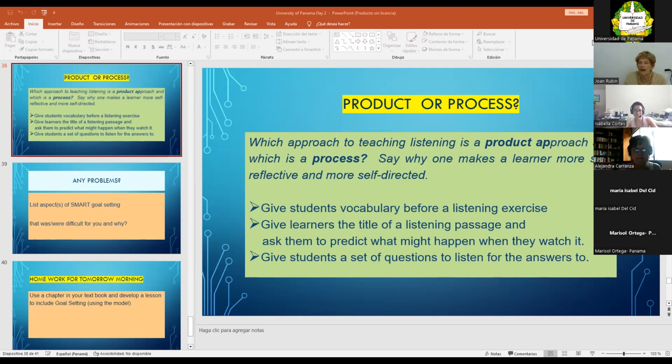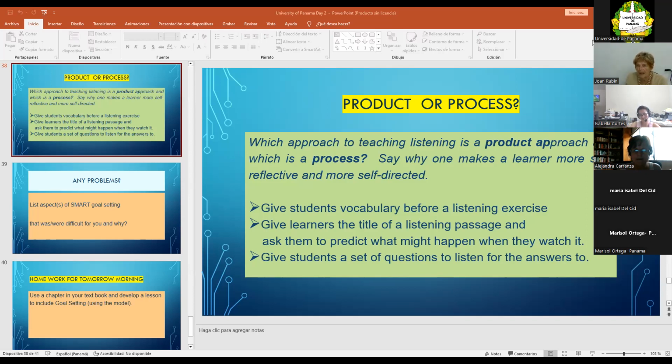Are you helping them know how to listen? No, you're only teaching them the words. Right, so they are not self-directed. Notice when you listen on the television or to anything on the radio, nobody gives you a list of vocabulary. So that doesn't make you more self-reflective, more self-managing.